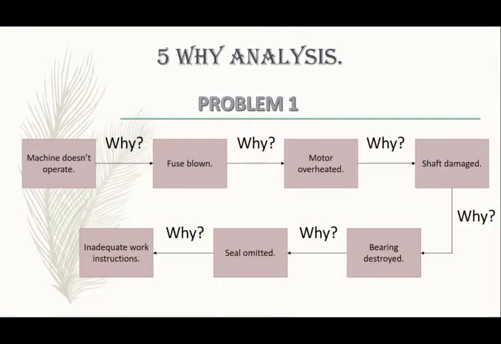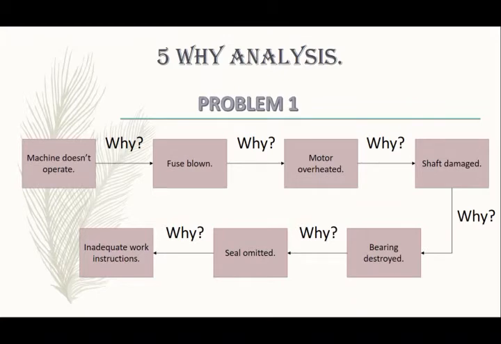The first problem that we discovered in this analysis is that the machine doesn't operate. So, our first why: why does the machine not operate? We found out that the machine doesn't operate because the fuse got blown.